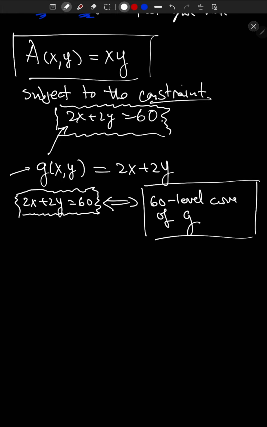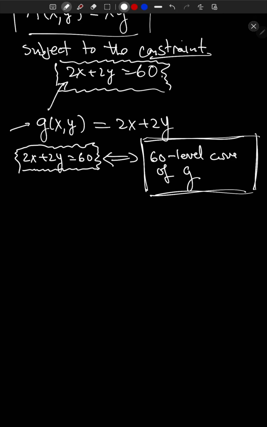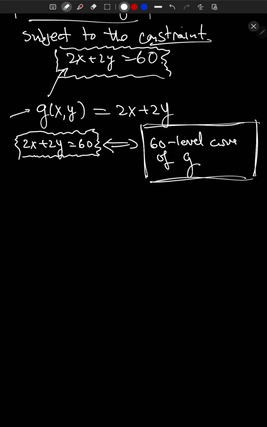And I've confirmed it's the 60 level curve. All right. Okay. And again, gradient g is 2 comma 2. Right? It's just a constant. And so it's definitely not 0 on our level curve, because it's not 0 anywhere, in fact.